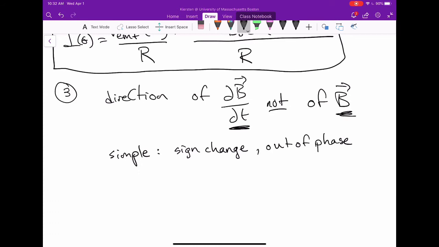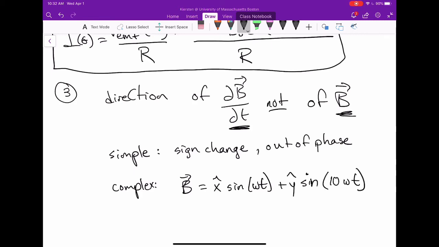But in a more complicated difference, you might have two different vector components of B with different time dependence. So even though these two vector components have the same amplitude, when you take the derivative, the y component is going to be 10 times the derivative of the x component in amplitude.